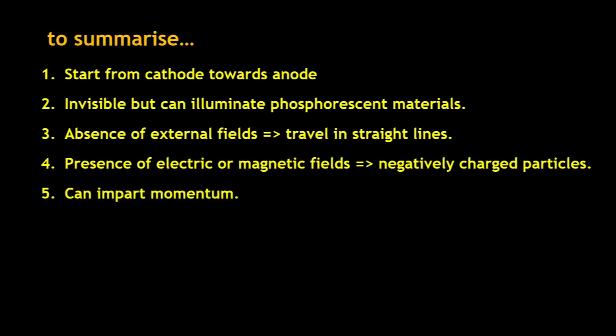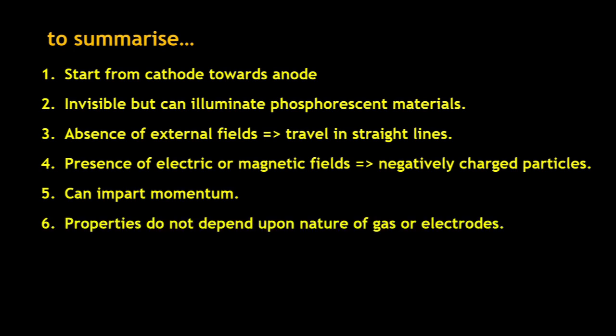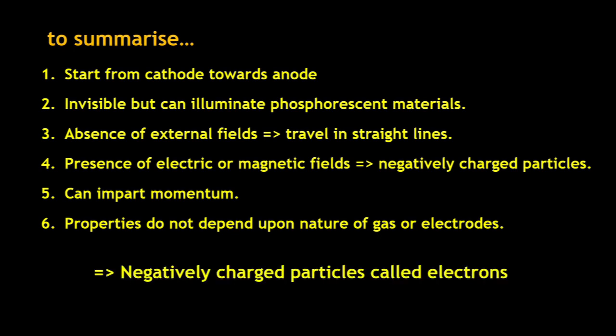Moreover, they have mass and velocity and can impart momentum to any object that is in their path. Lastly, their properties do not depend upon the nature of the gas or the electrodes. So, all these properties essentially point to the fact that they are negatively charged particles called electrons.